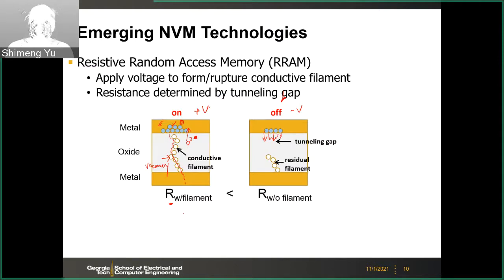Again, this stores information. If you have this filament in the oxide, that is one state; if you don't have the filament, or the filament is ruptured, then you have the other state, 0. So this depends on the resistance change in this stack.